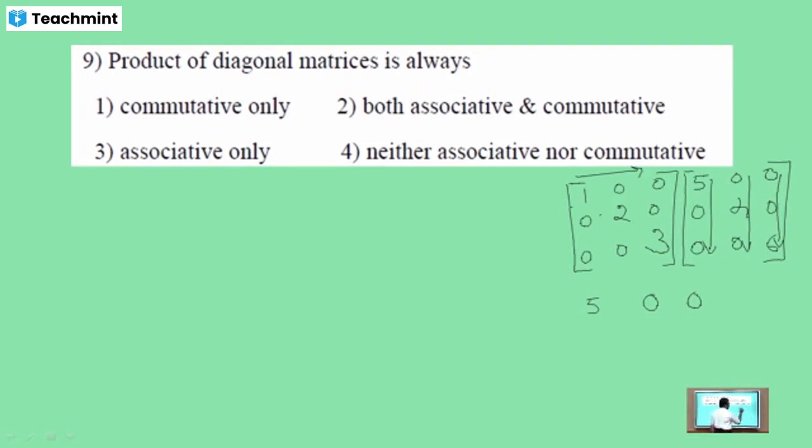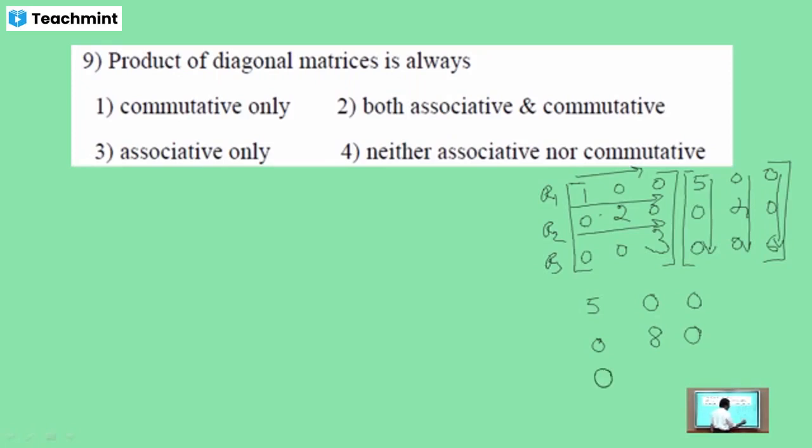When I go to the second row, second row with the first column, you are getting 0. Second row with the second column, you are getting 8. Second row with the third column, you are getting 0. Similarly, multiply each column of the second matrix by the third row. This is the row 1, this is the row 2, this is the row 3. Third row ಮಾಡಿದಾಗ ಏನಾಗುತ್ತೆ?